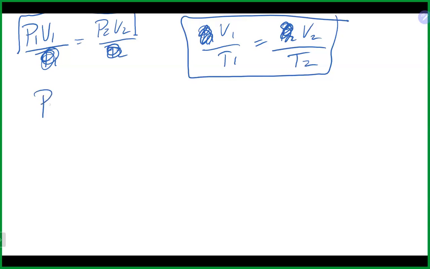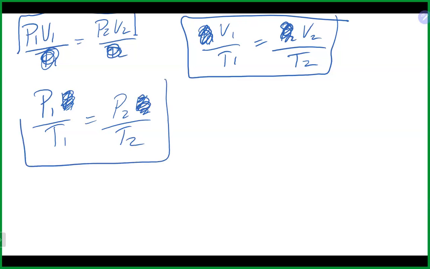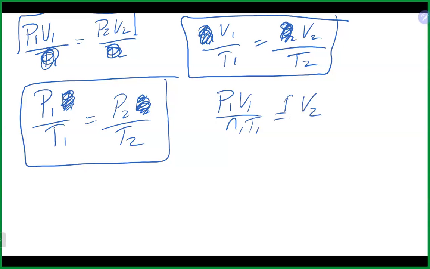If you have a Gay-Lussac type of situation where you have constant volume, scratch it out, and there's that gas law. If you invest the time and remember this gas law with the moles, and it's at constant pressure and temperature, which is Avogadro, you just scratch them both out, and there's Avogadro's law.